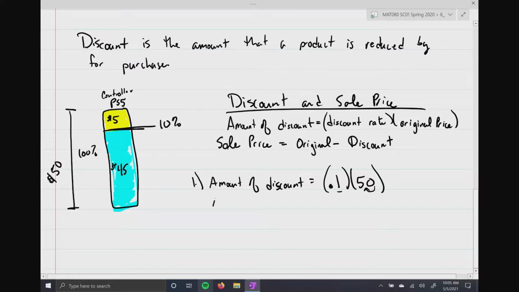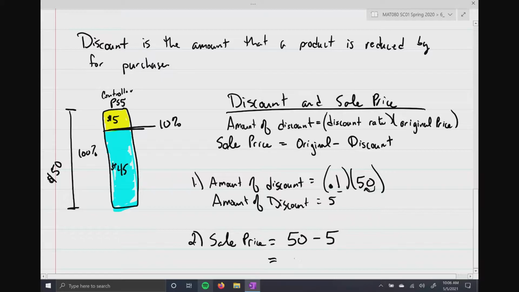So the amount of discount equals $5, or just 5. Okay? Part 2 is, well, the sale price then is going to equal the original price minus the discount, or $45. Okay? Are there any questions there?